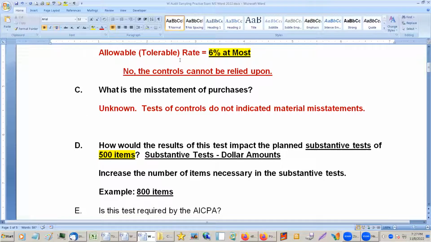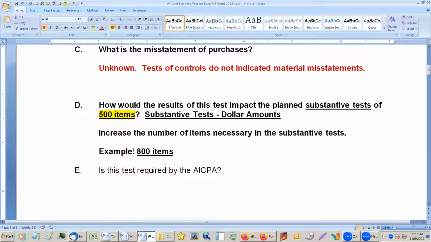And one of the reasons you're doing these tests of controls is so that you can reduce the number of substantive items. If you can't do that, then you would stop whenever you found that out.